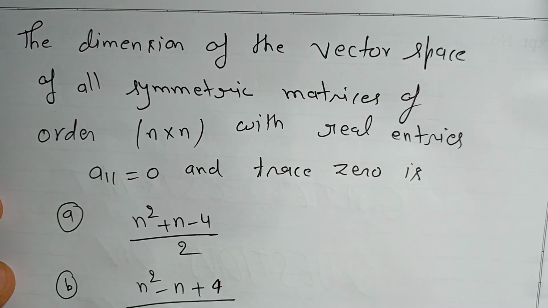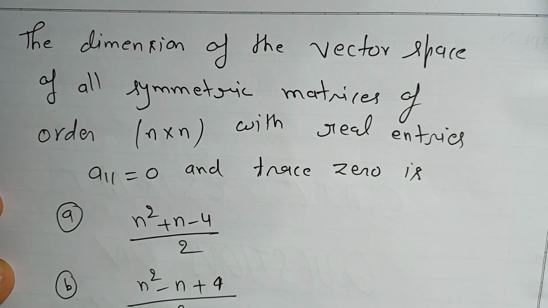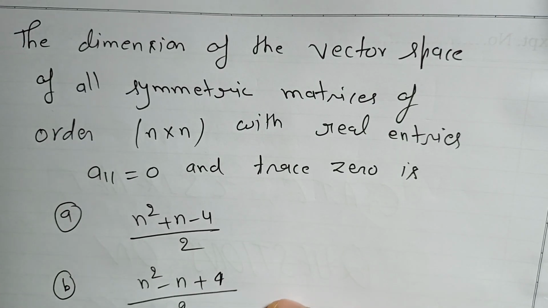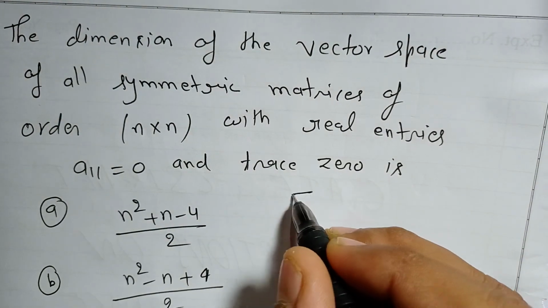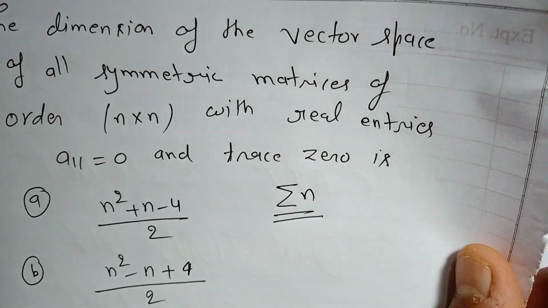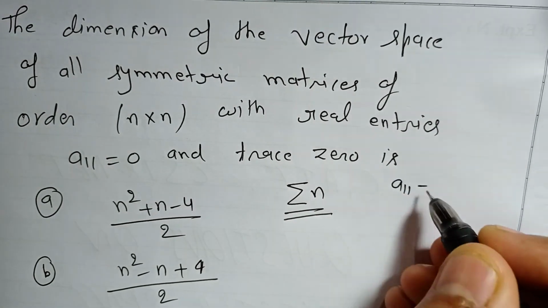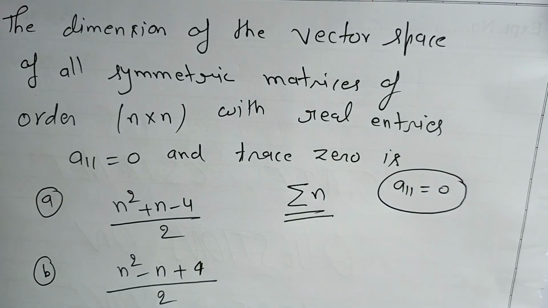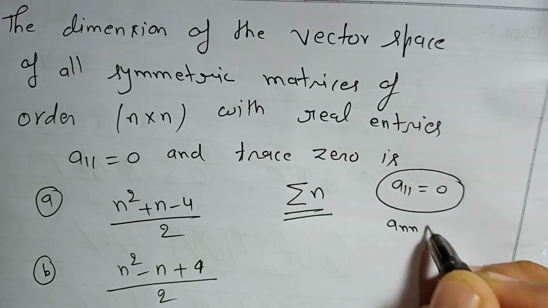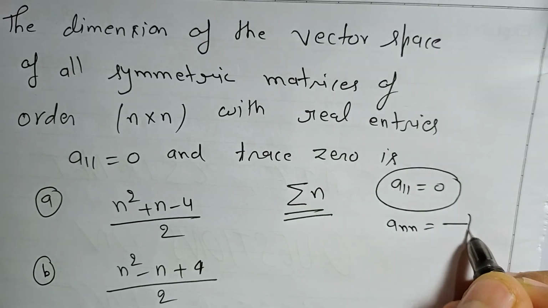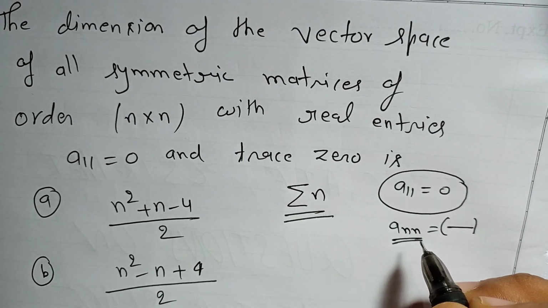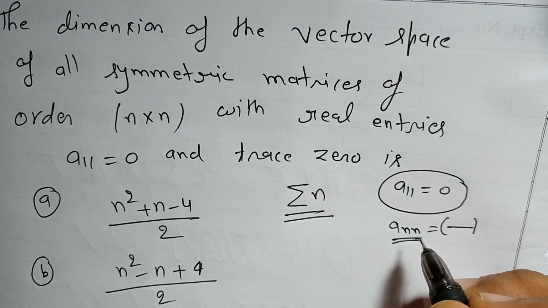The next question: the dimension of the vector space of all symmetric matrices of order n cross n with real entries, a11 equal to 0 and trace 0. For a symmetric matrix we know n(n+1)/2 is the number of free variables. One condition, a11 equal to 0, means one dependent variable, and trace 0 will give another dependent variable, as I told you in the previous question.